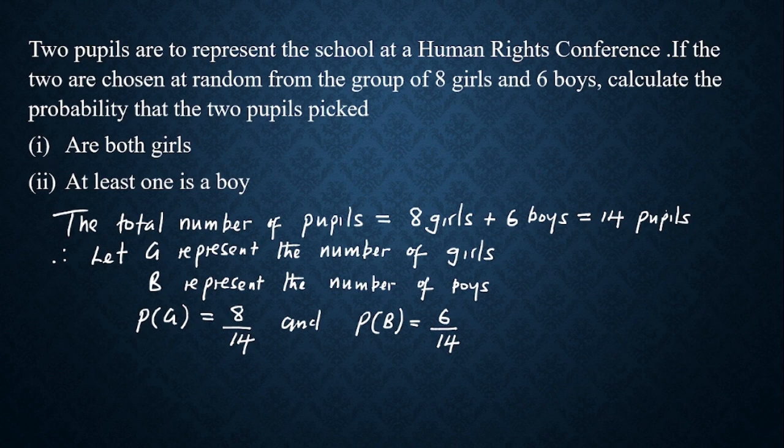The easiest way to solve this question is that we can draw a tree diagram. So how will the tree diagram look like? I'm going to draw something like this. In our first picking, remember the probability of boys and probability of girls.